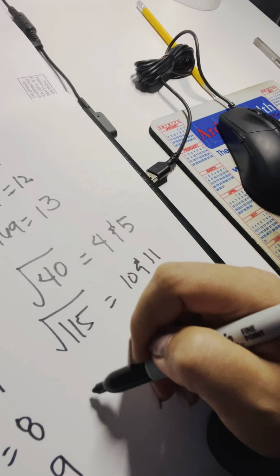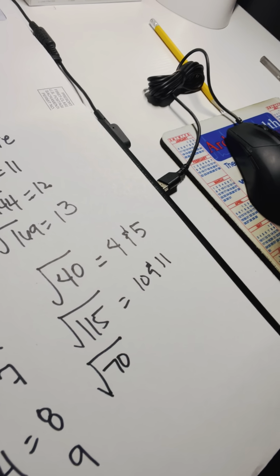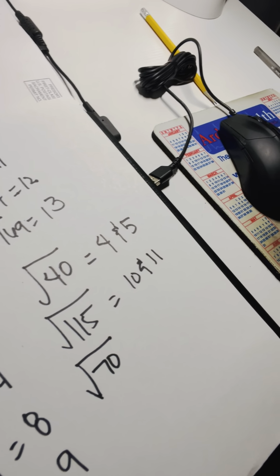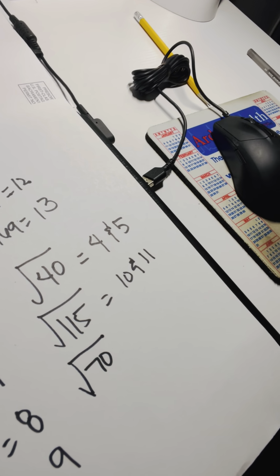And let's do another example. Square root of 70. There's nothing that we can multiply that gives us a perfect number that would give us 70.